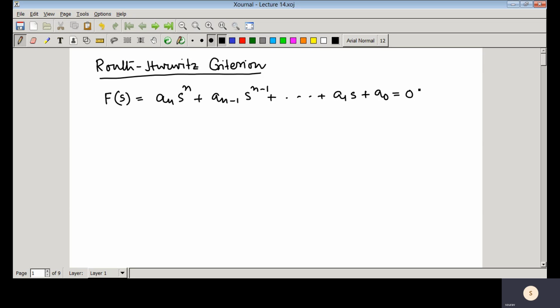Whenever an LTI system is described in transfer function form, if we make the denominator equal to 0, it gives the characteristic equation.